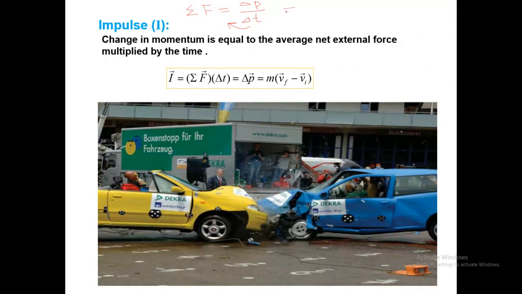So I can write it as F, the sum of the forces, net force F multiplied by delta T. On the right side, you'll be left with delta P, change in momentum.